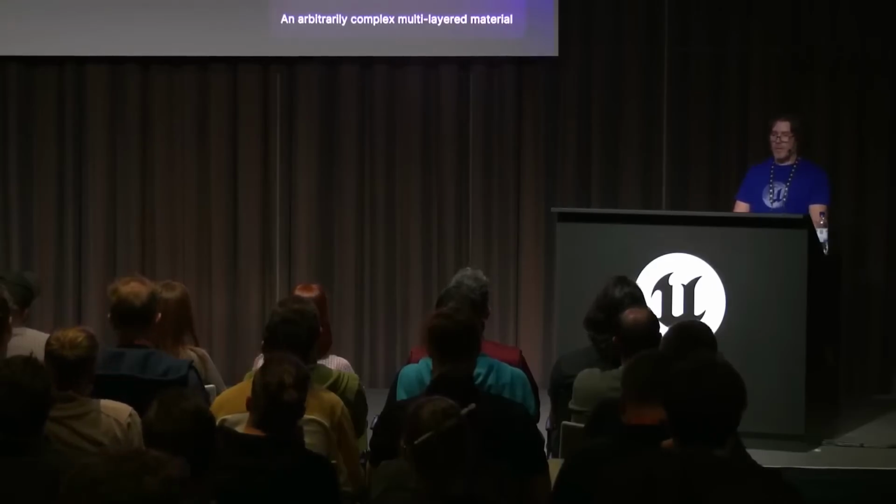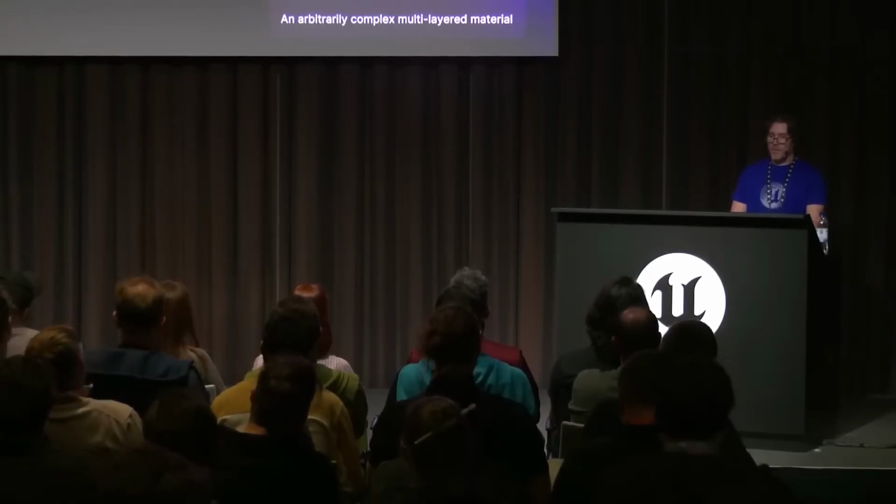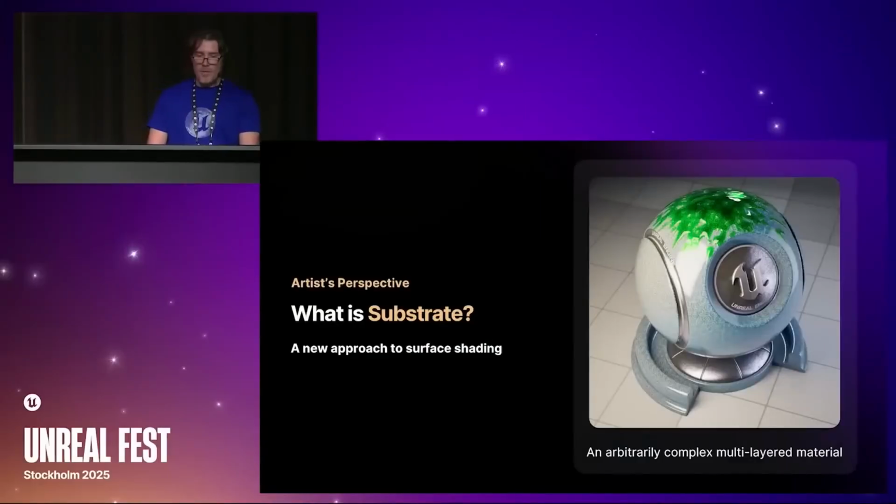It lets you directly blend in shading behaviors like fuzz, clear coat, or subsurface scattering without switching models or resorting to hacks. Take the image on this slide. It shows a complex material topology that would have been impossible in the old system.